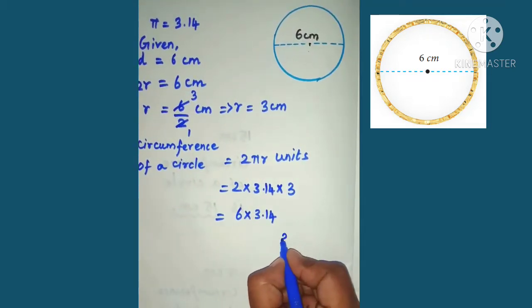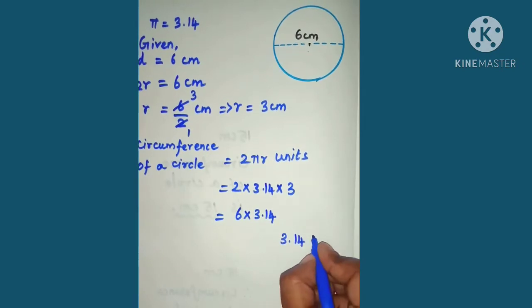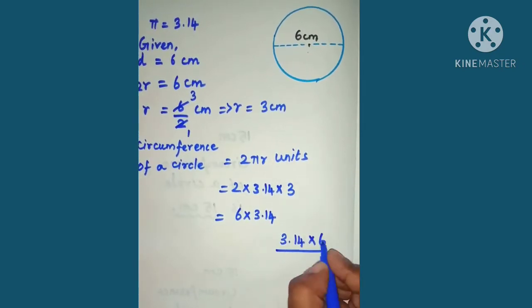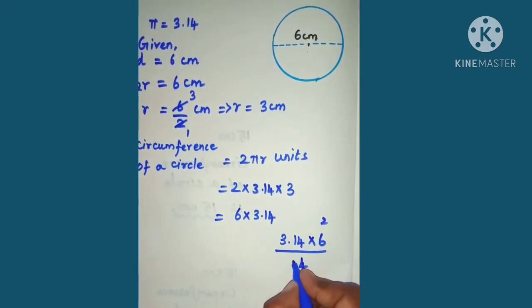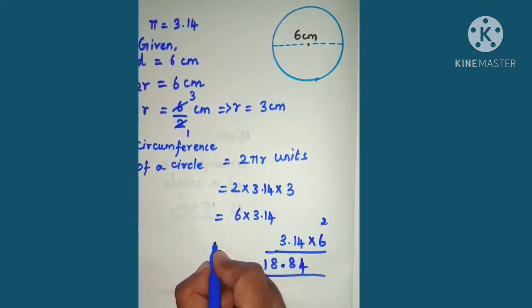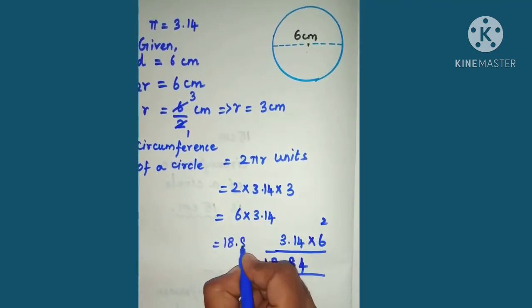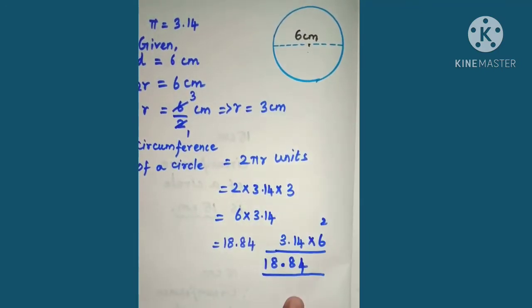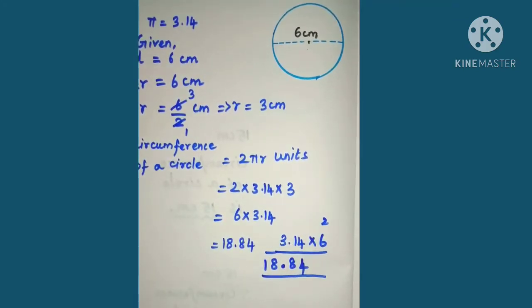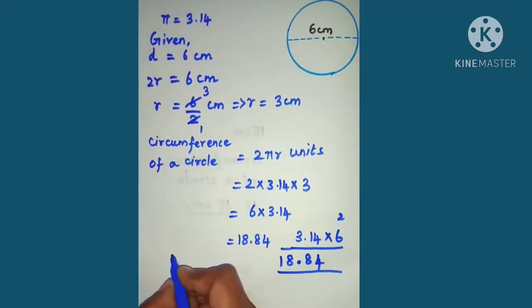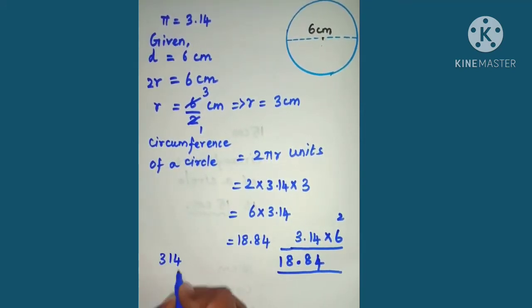3.14 into 6, we get 6 4s are 24, 2, 6 8. Here is the decimal point. 6 3s are 18. So 18.84. Otherwise, without putting the decimal point we can do it. Simply multiply.